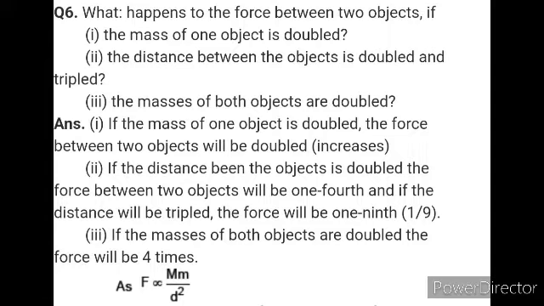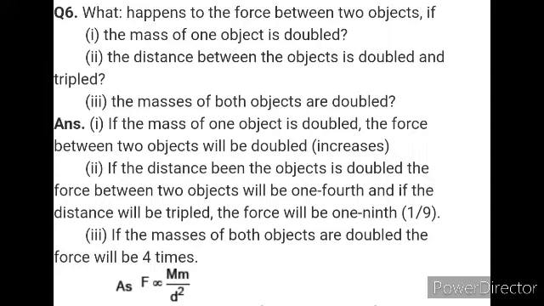First is, what happens to the force between two objects if the mass of one object is doubled? So you know that the force is directly proportional to mass. So whatever change takes place in mass, the same will happen to the force as well. Fine.